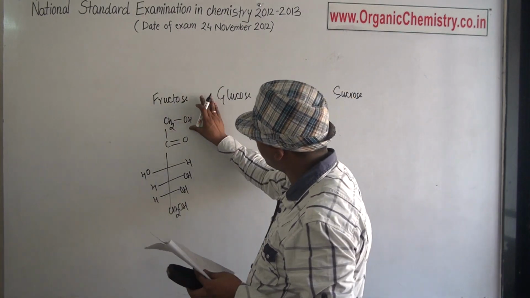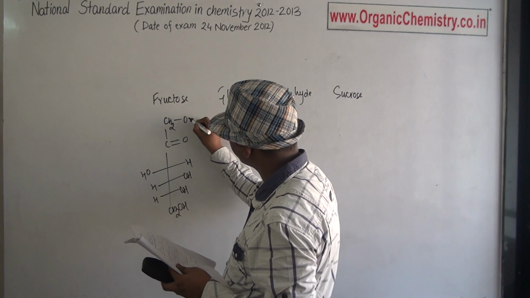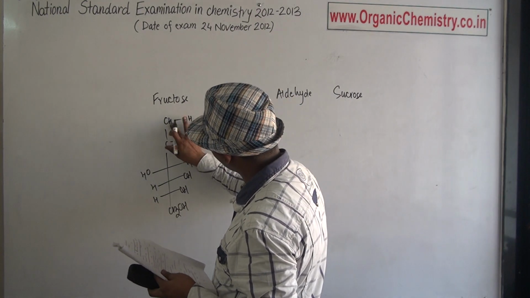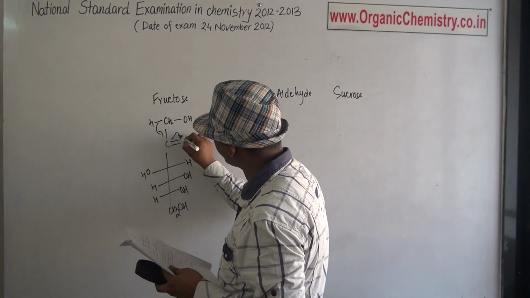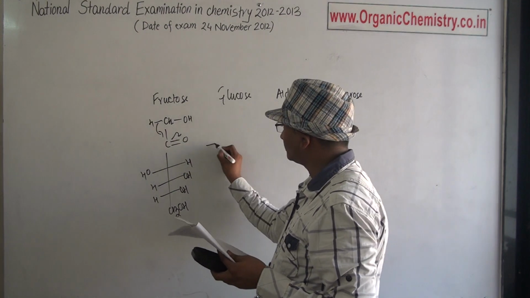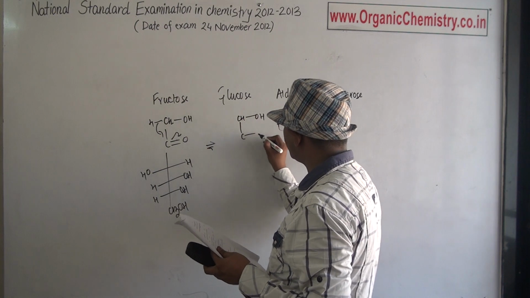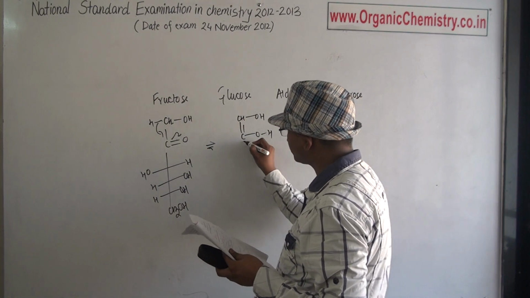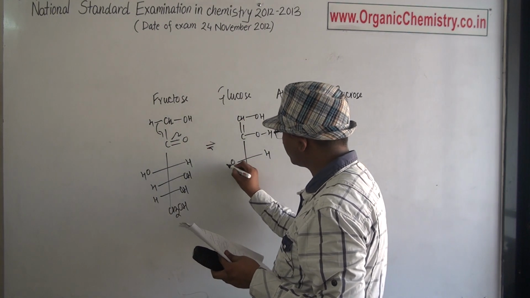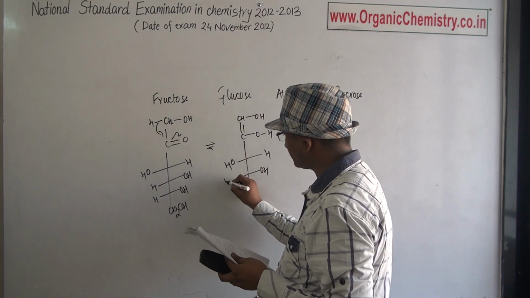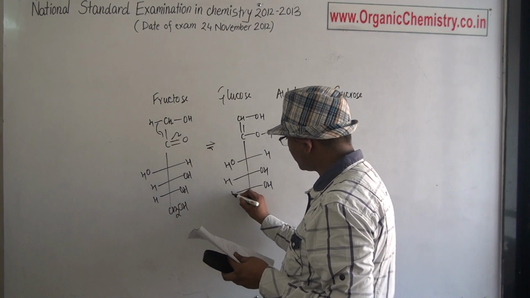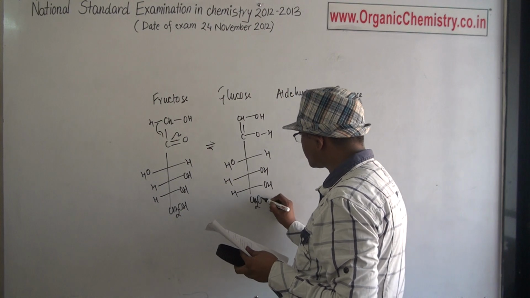But when this hydrogen undergoes tautomerization, it will form CHOH, C, OH, H, OH, OH, H, OH, H and CH2OH.